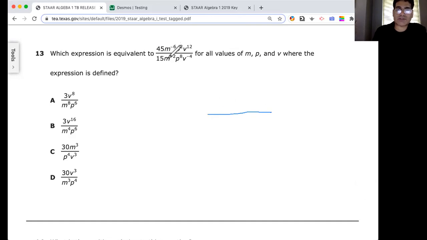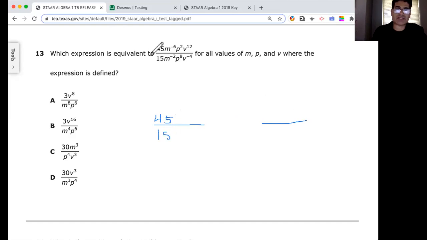So let's start with, well, the basics, 45 divided by 15. So 45 by 15 is the first calculation.